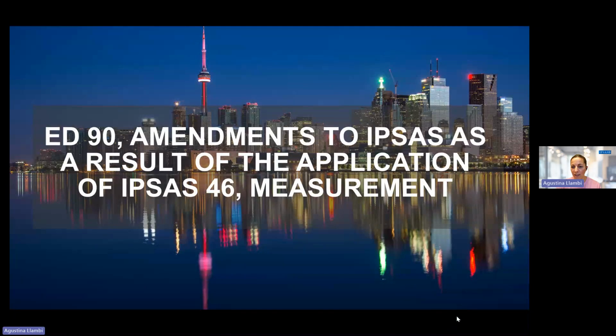Agustina, excuse me, we can't see your presentation. Could you share it again? Yes, let me redo it again. One second. This is what happens. We do a lot of testing before, and then it happens that it doesn't work. Okay, so let's see again. Can you see my screen right now? Yes, now we can see it.